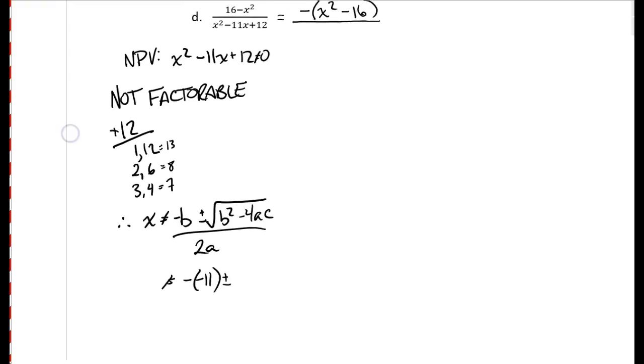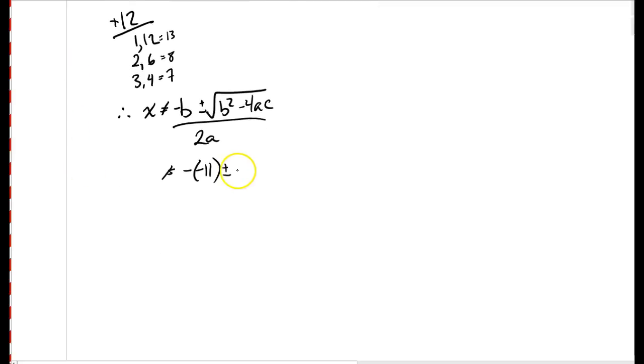That negative is attached to the 11. I've got positive 1, negative 11, and positive 12. That's a, b, and c. Plus or minus the square root of negative 11 squared minus 4 times 1 times 12. And we'll see how that shakes out in 2 times 1.